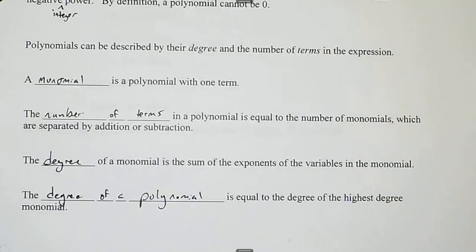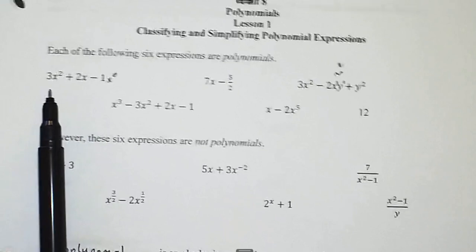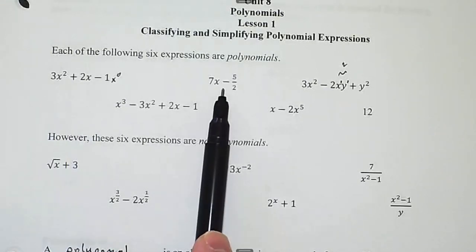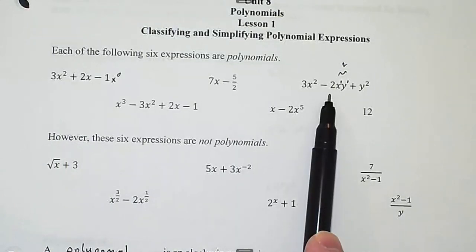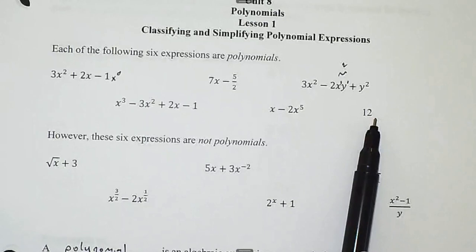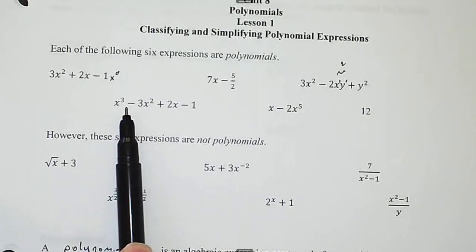But if I say this is a polynomial of degree 4, what I'm saying is the highest exponent overall was 4. So we could look here and we could say this polynomial has a degree of 2. This is a first degree, second degree, fifth degree, 0 degree, third degree. Okay?